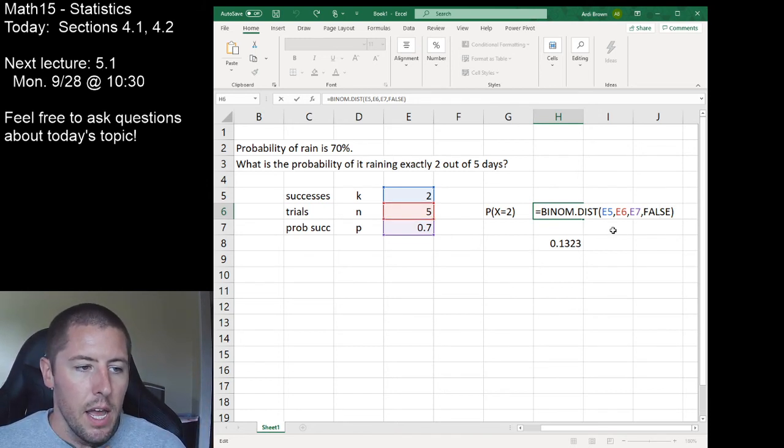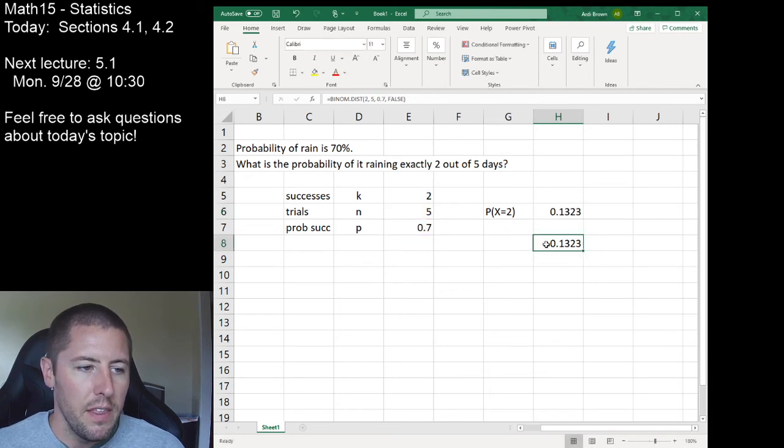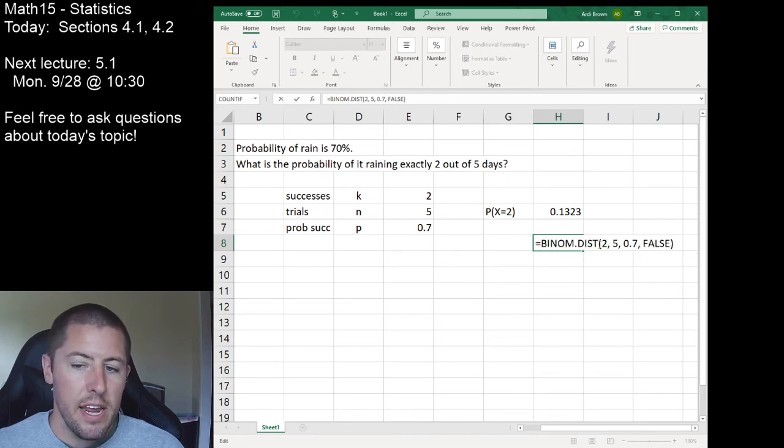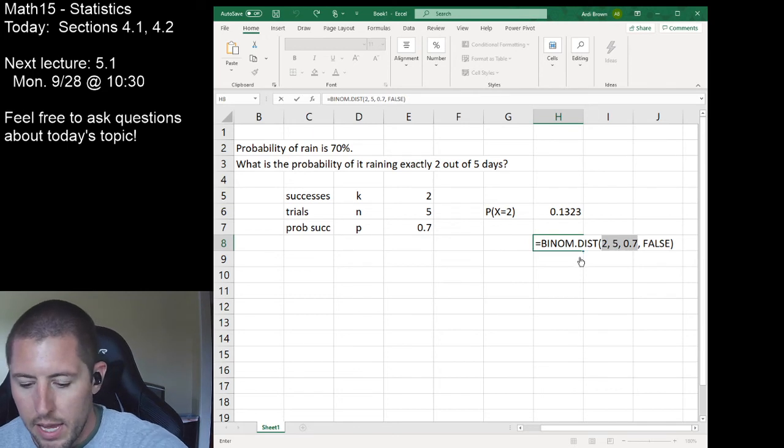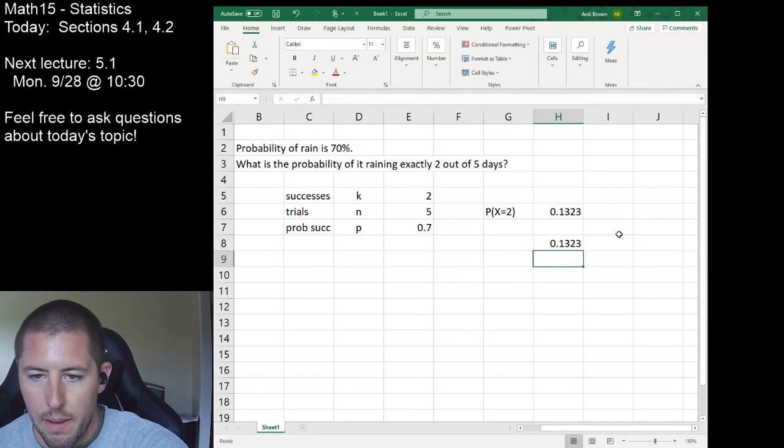And notice that my choices for number of successes, number of trials, probability of success, they're really just referencing which cell of Excel I've put that information in. As opposed to this guy right here, where I just literally put in the actual numbers themselves. I can't click on anything in Excel. I always forget about that.